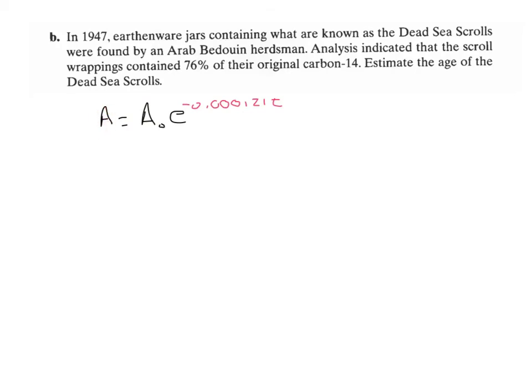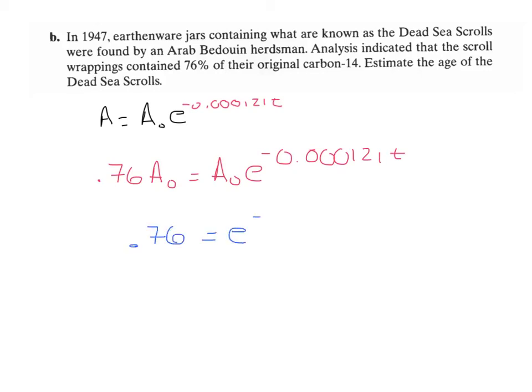And I'm going to use decimals. So what I'm saying is, this is what we start off with, and then I end up with 76% of my original amount. And if I divide both sides by A, then I get 76% is equal to e to this power, and I can solve for t.